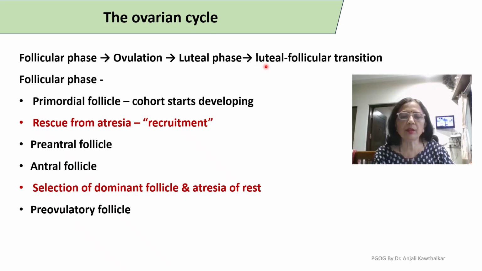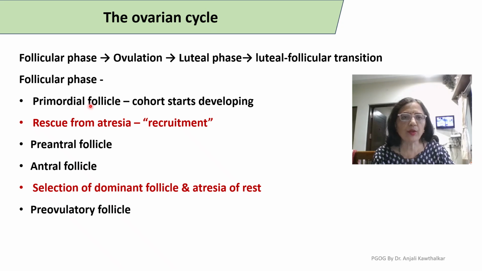And that fourth component is luteal follicular transition. So as an undergraduate student you say that the ovarian cycle has three components: follicular phase followed by ovulation, then the luteal phase, and menstruation occurs, and then again there will be a follicular phase, only three. But for the ovarian cycle at postgraduate level, remember that the fourth one which needs to be added is luteal follicular transition.